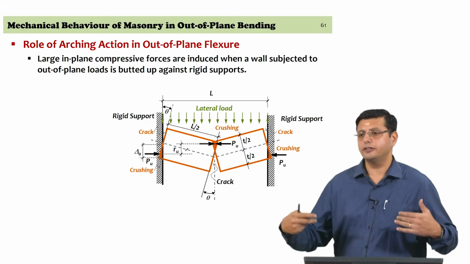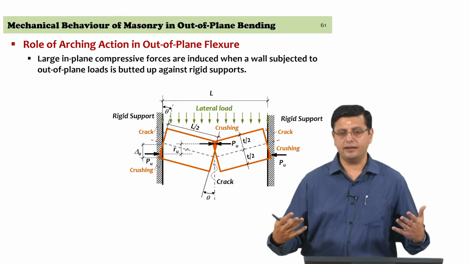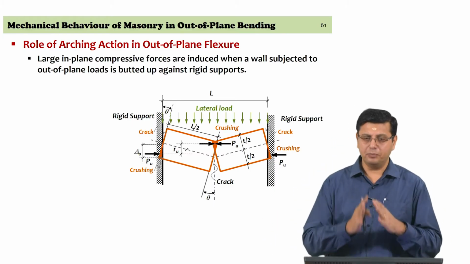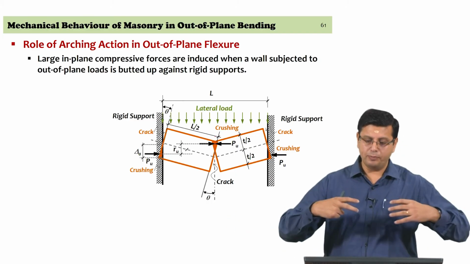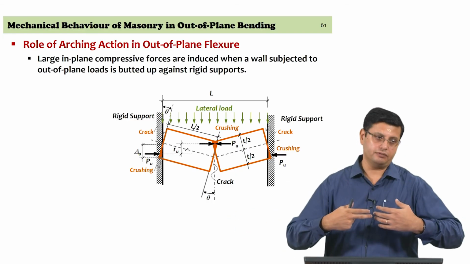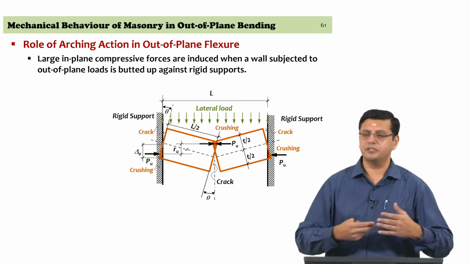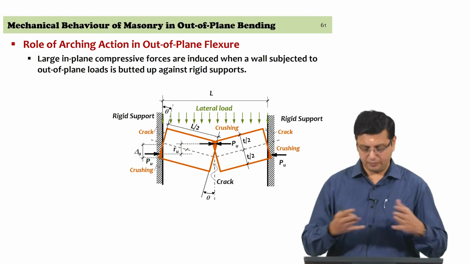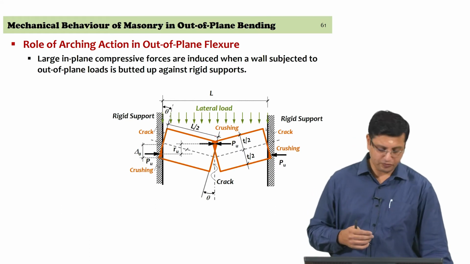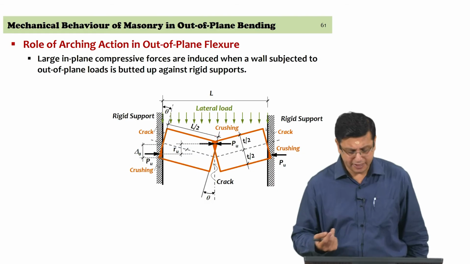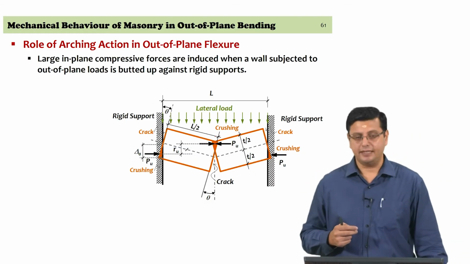Now, a fundamental assumption that we are going to make is that the midspan crack has formed, and the ends are already cracked and free to rotate. So, you basically have two rigid blocks that are rotating. Based on that assumption, your geometry is simplified and you can work on a simple analytical form that accounts for additional capacity coming from the arching action.